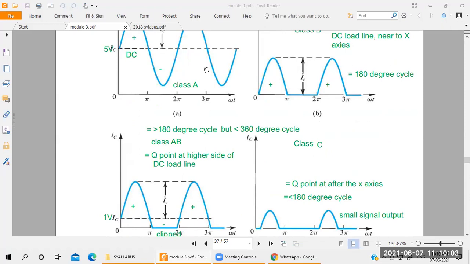So these are the different power amplifiers. Any doubts here? Understood this one? What is the difference between class A, class B, class AB, and class C?